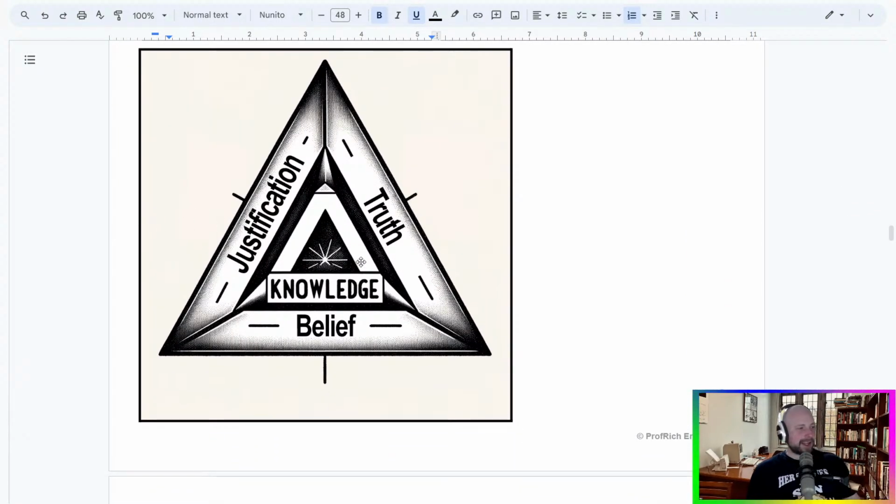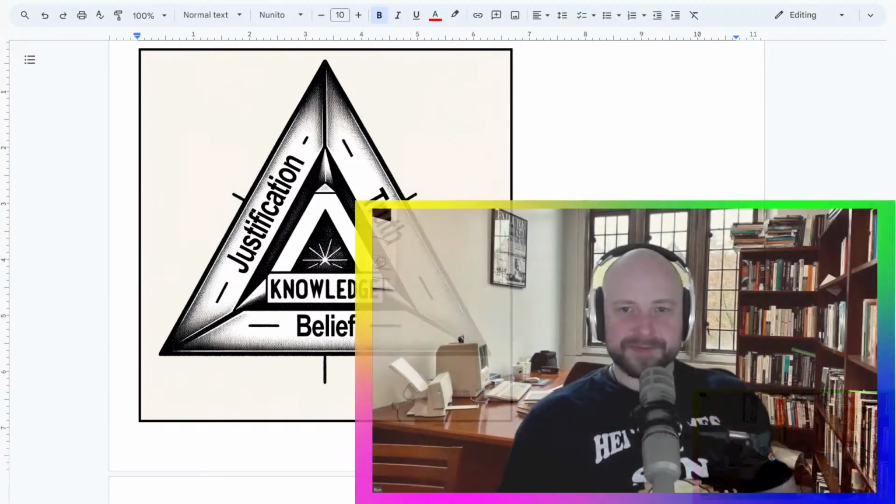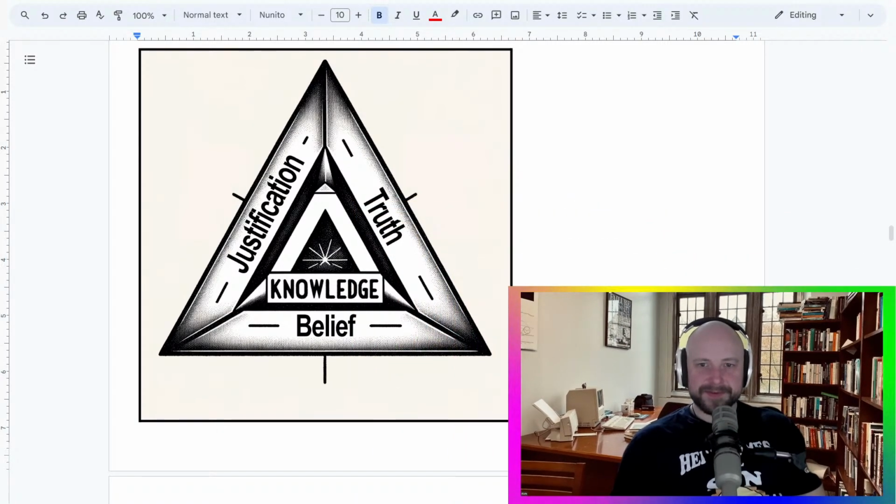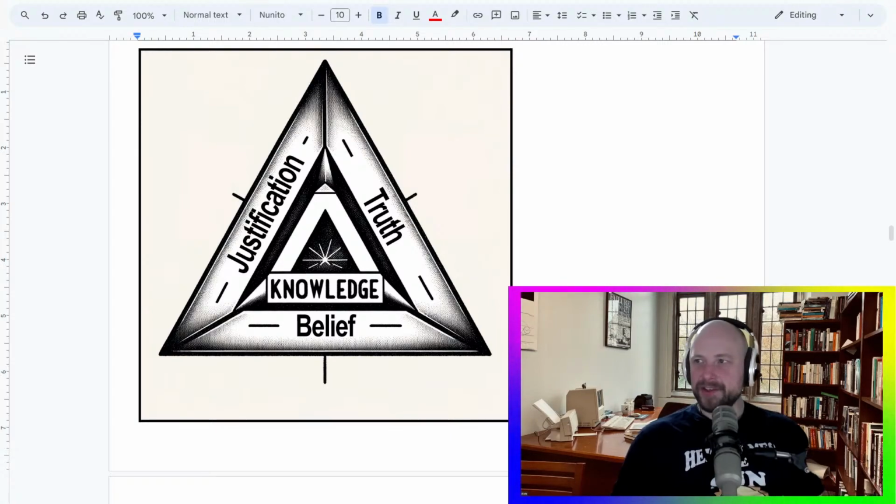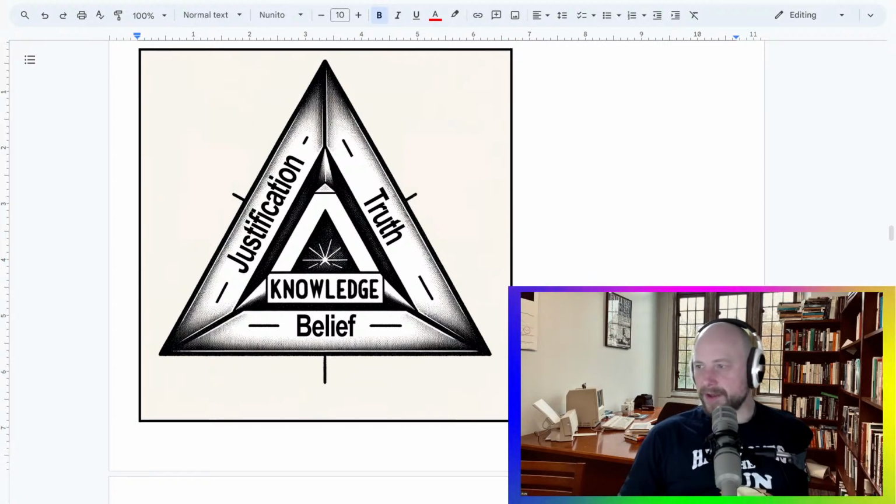So here we can see a little diagram I made about this. So knowledge in the middle. In order to have knowledge, we must have justification. The belief must be true, and we must justify it.